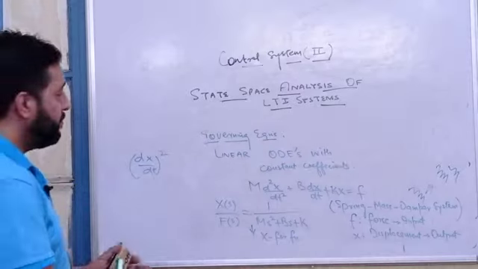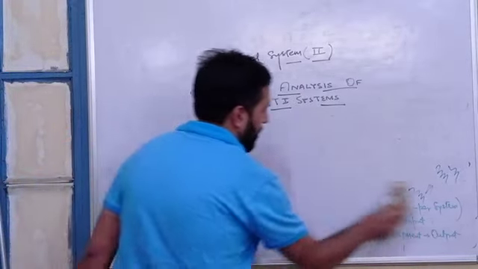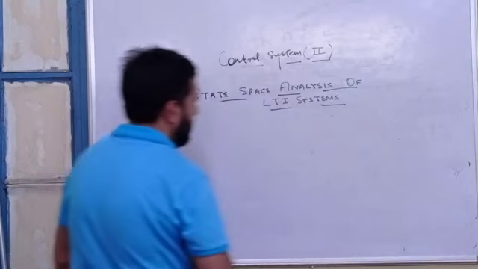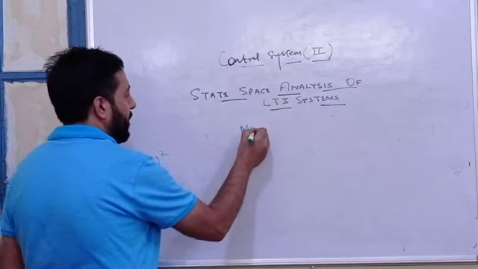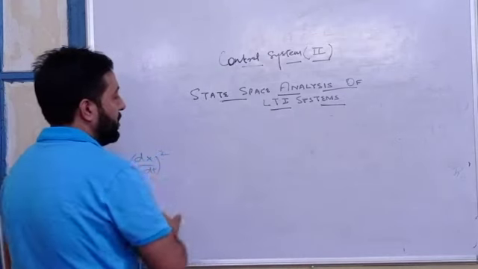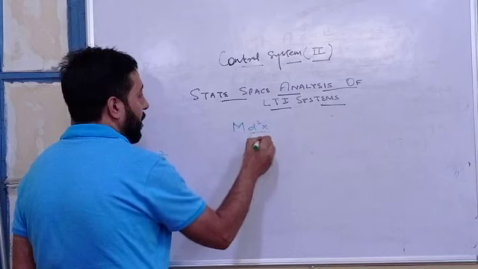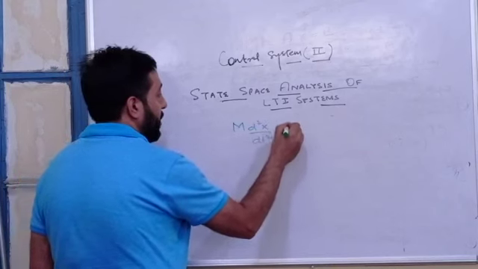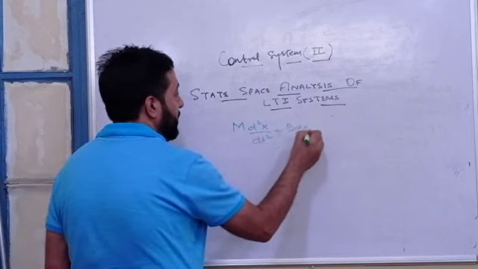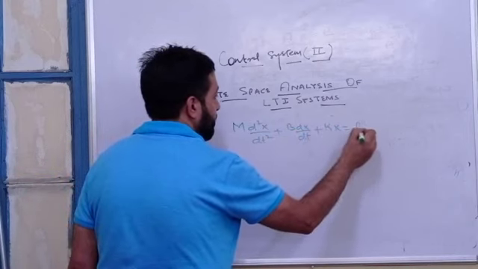Now for the same system, m d square x by dt square plus b dx upon dt plus kx equal to f.